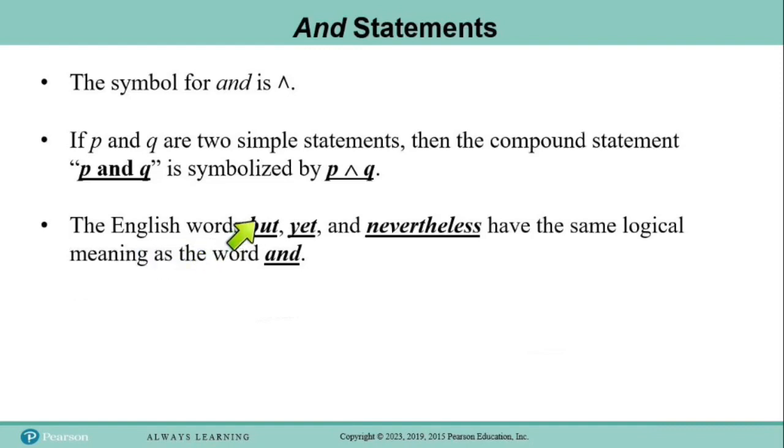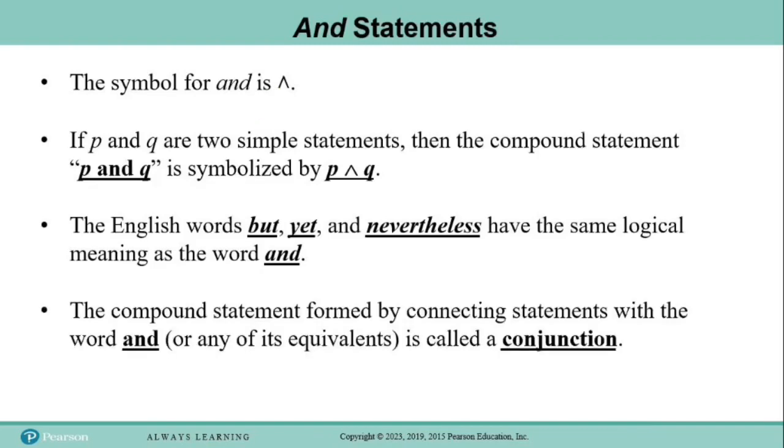Also, the English words but, yet, and nevertheless have the same logical meaning as the word and. So you can replace any of these with the word and not change the logical meaning of the sentence. And so any of these would also be represented by this and symbol. Now in English, a conjunction is a word that connects two simple statements.